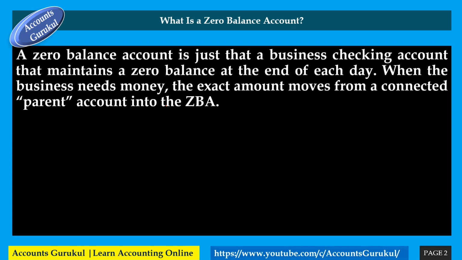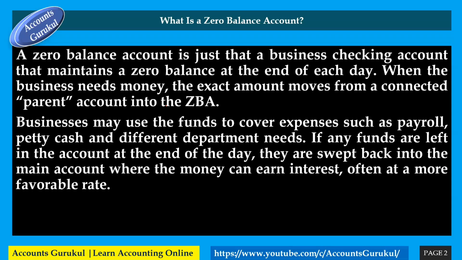All the money stays in the parent account, and wherever money is needed, it moves from the parent account to the zero balance account, whatever exact amount is required. That transfer entry is made from the parent account to your business checking account.